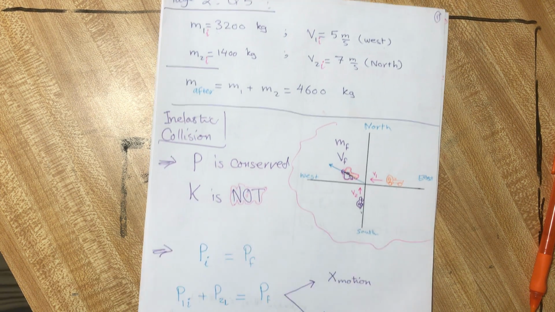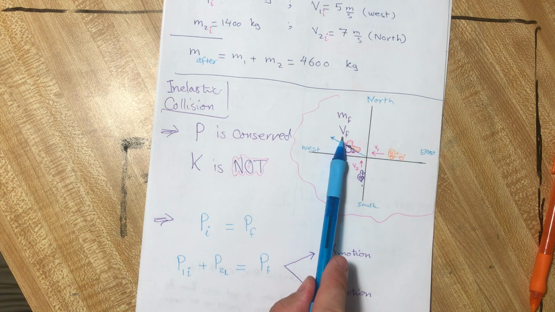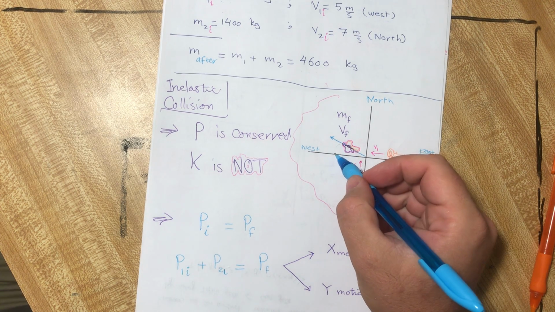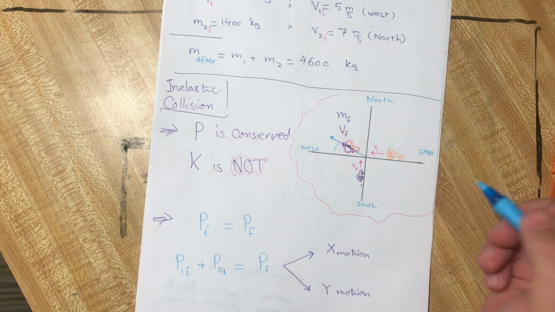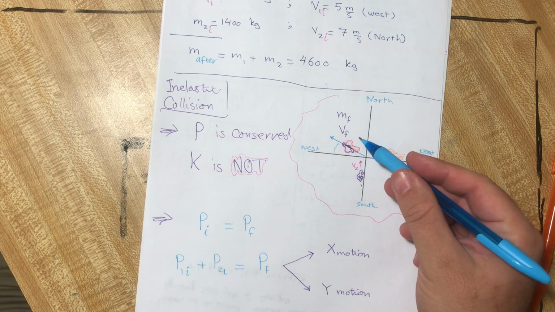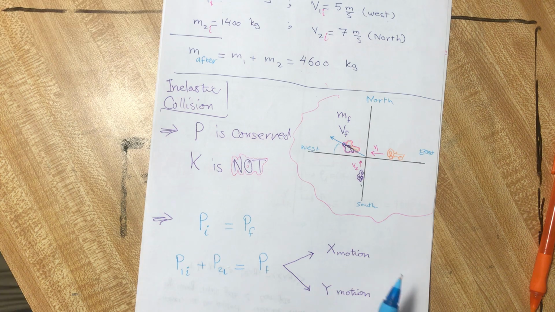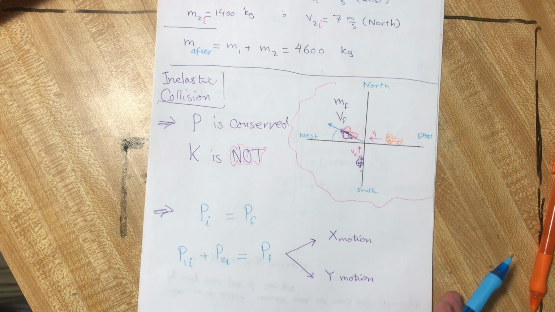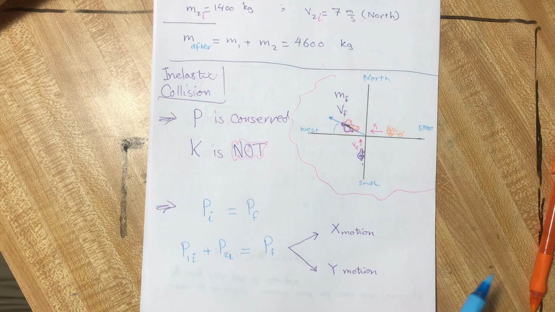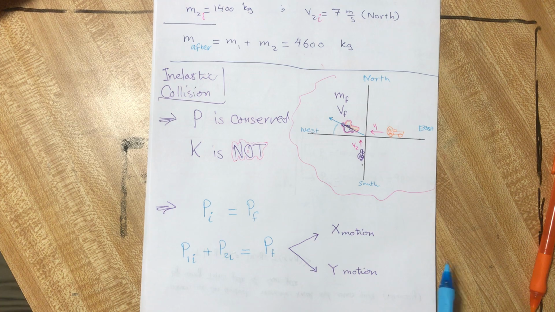The most important things we need to find are the velocity, the angle, the final velocity, the final momentum, and so on. Because here we have two dimensions and momentum is a vector quantity, we have two components, one in x direction and the other in y direction.